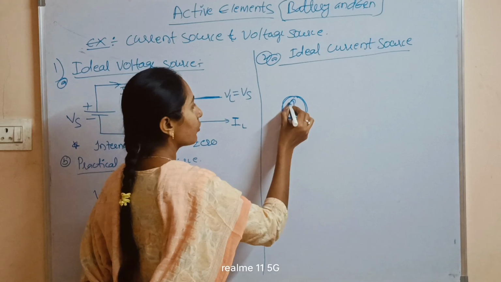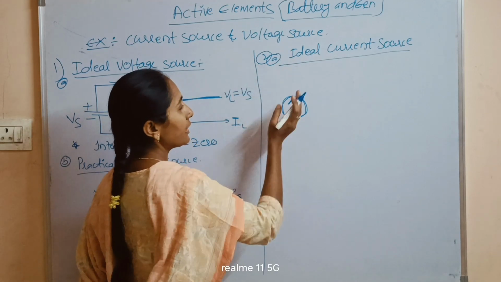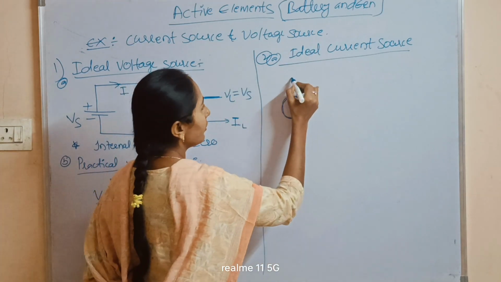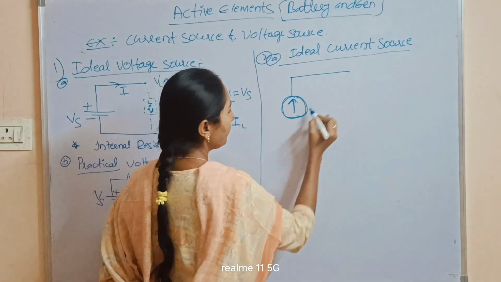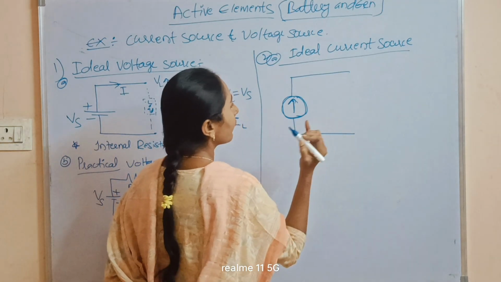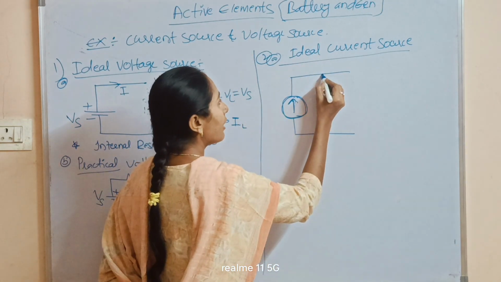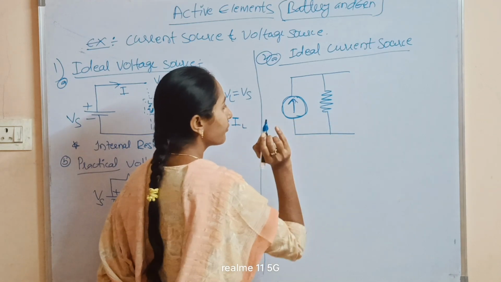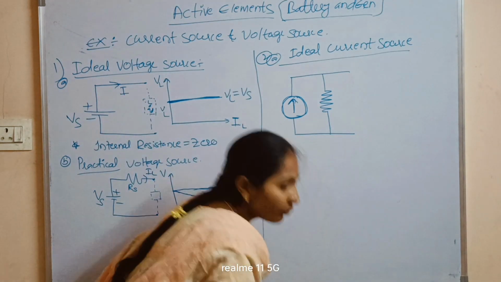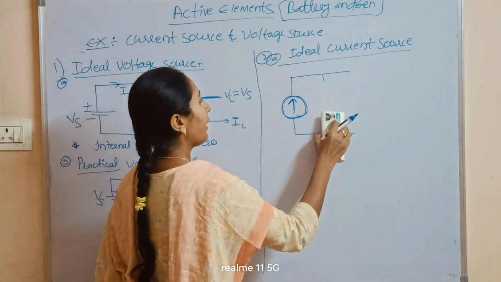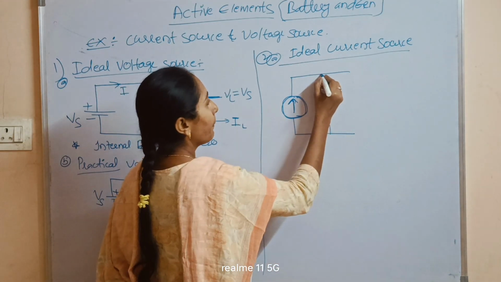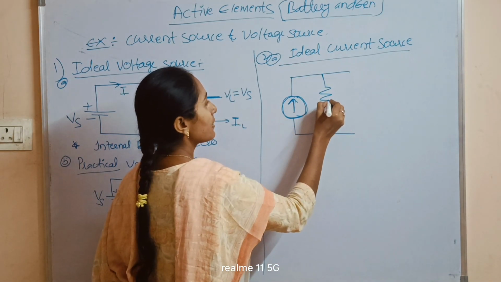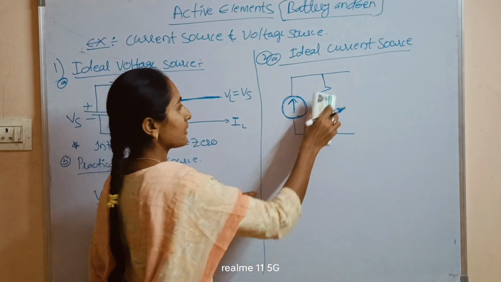An upward arrow means the direction of current is upward. Now a practical current source always has a parallel resistance.